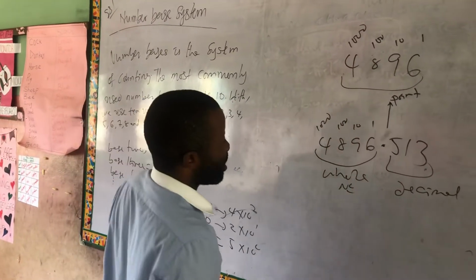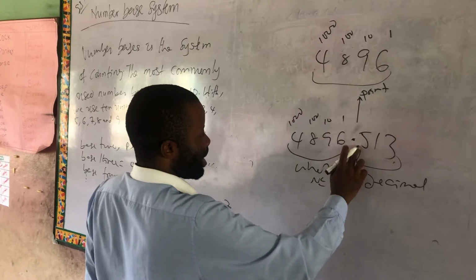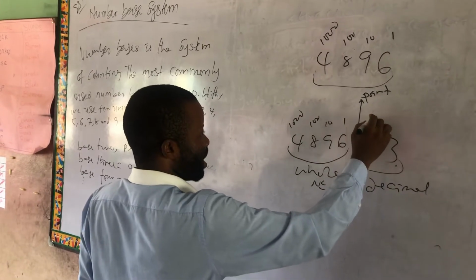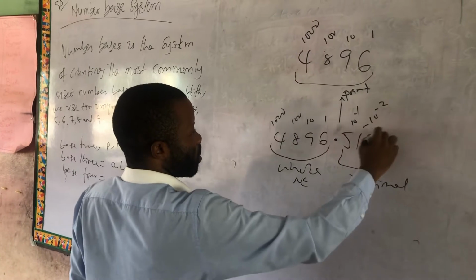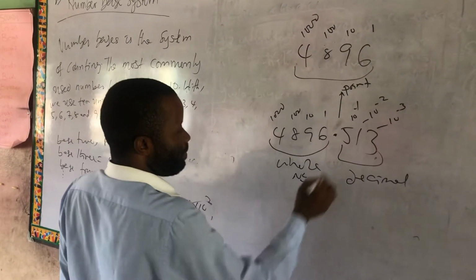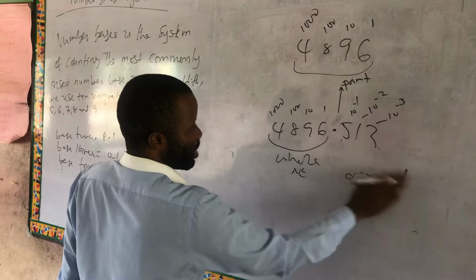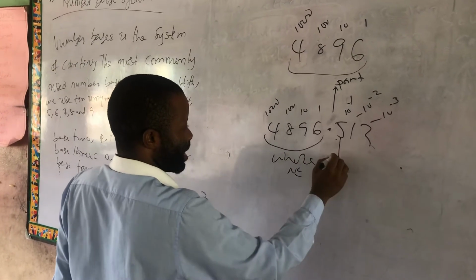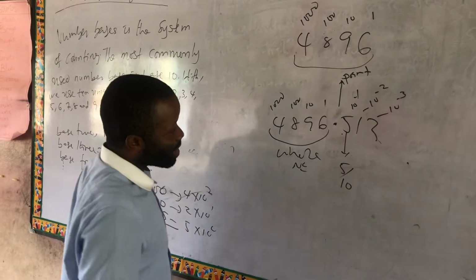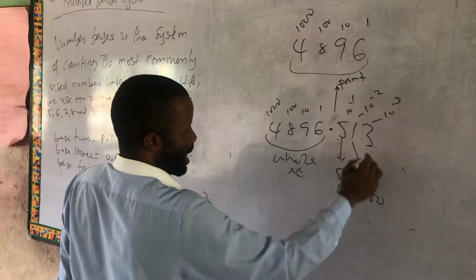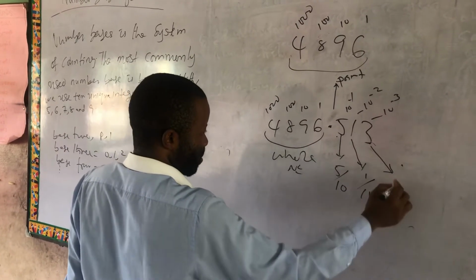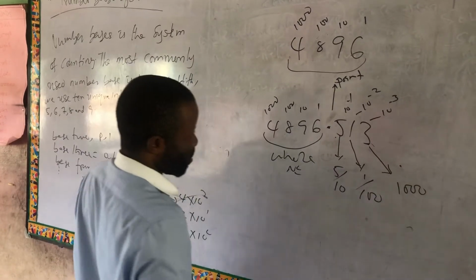The value of 5 here is the same thing as 5 times 10 raised to the power minus 1, 10 raised to the power minus 2, 10 raised to the power minus 3. The value of 5 here is 5 over 10, in decimal. The value of 1 here is 1 over 100, and the value of 3 here is 3 over 1000.